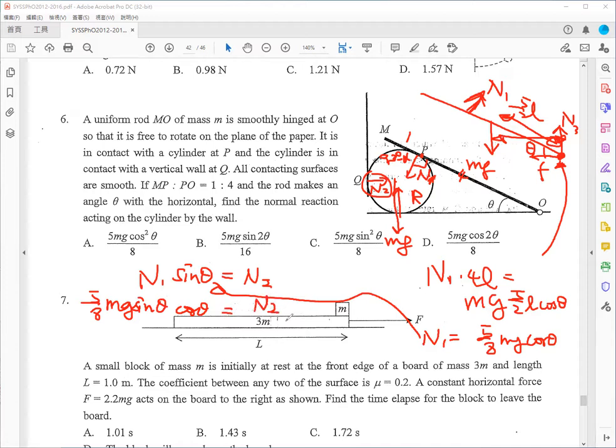You can't see this choice because you need to make use of one identity, that is sine 2 theta. I think I have taught you before. Sine 2 theta equals 2 sine theta times cosine theta. So after you use it, you find that the answer should be B. That's it for this one.